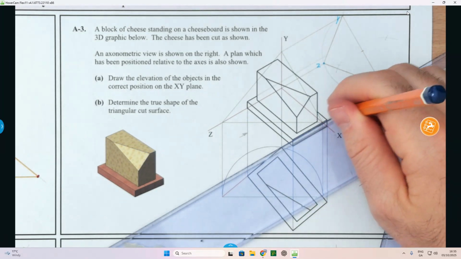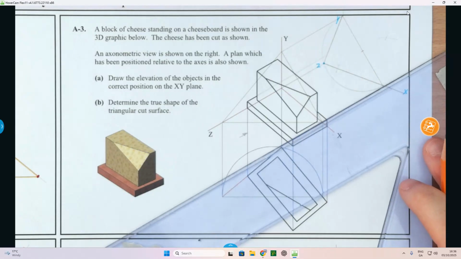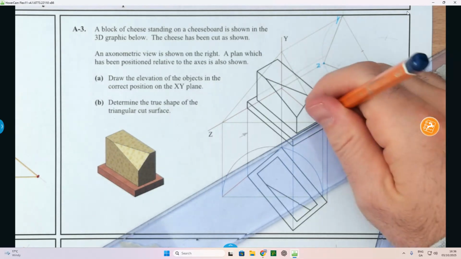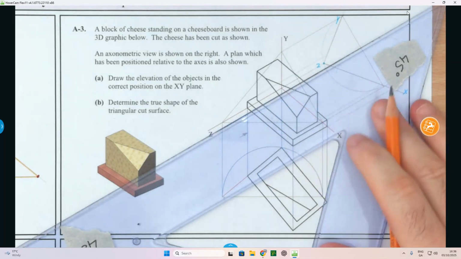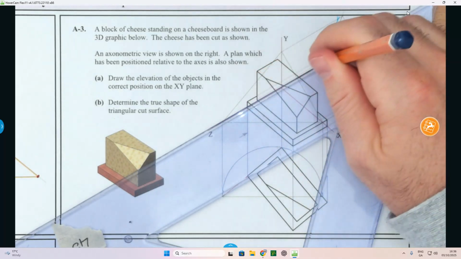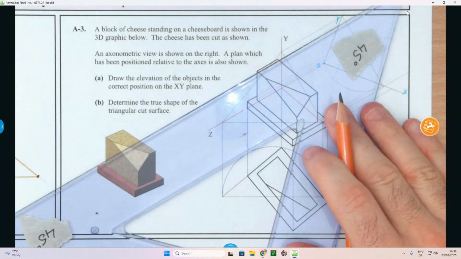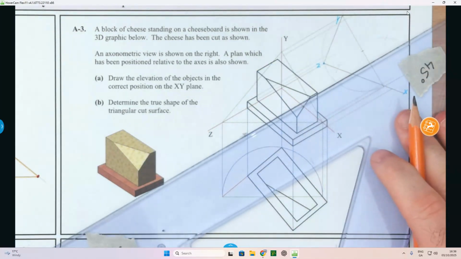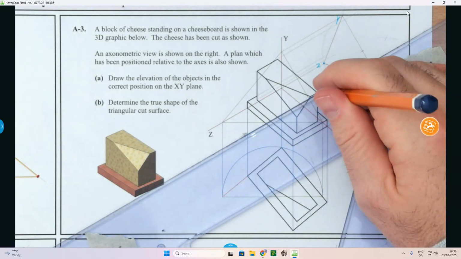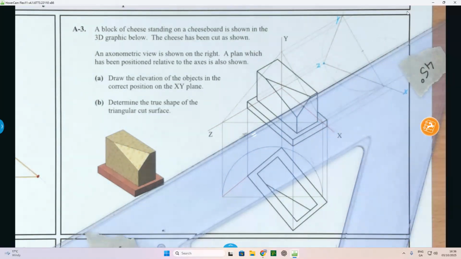This is the height. Goes out. I'm going to project this up. I'm going to project this point up here. And project up this one and this one. I'll get onto the rest in a second.